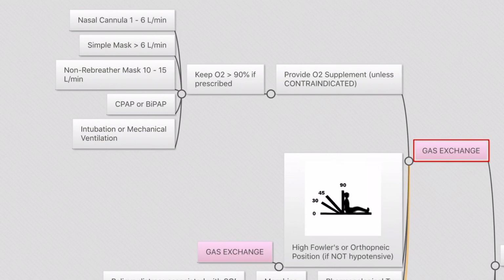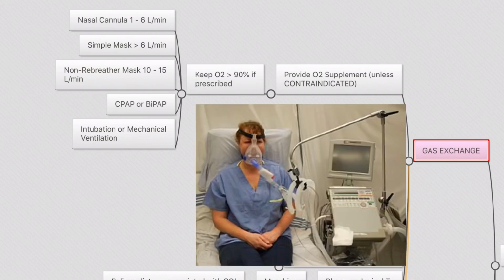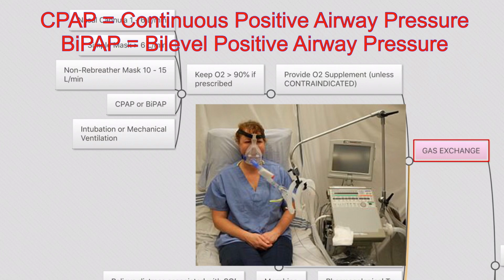So nasal cannula, 1 to 6 liters per minute, simple mask, usually if you want to give it more than 6 liters, non-rebreather mask, and it can lead to a machine type of oxygen supplement such as CPAP, continuous positive airway pressure, or BiPAP, which is bilevel positive airway pressure.